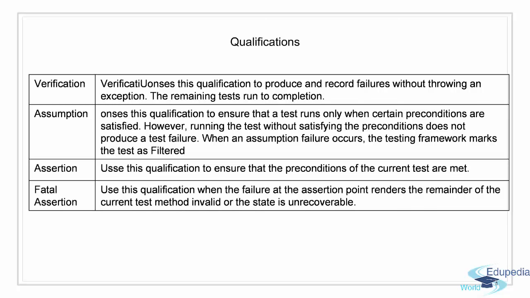And the fourth and final one is the fatal assertion. You can use this qualification when a failure at the assertion point will make the rest of the test method invalid or basically pointless. The MATLAB unit testing framework provides approximately 25 qualification methods for each of these types of qualification. I will cover these 25 methods in a later video.